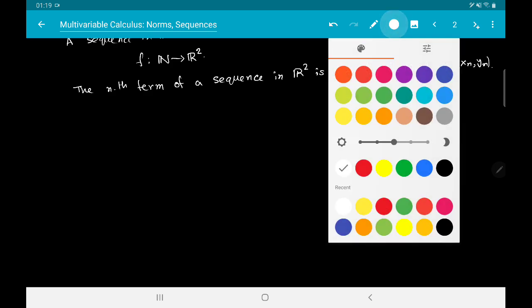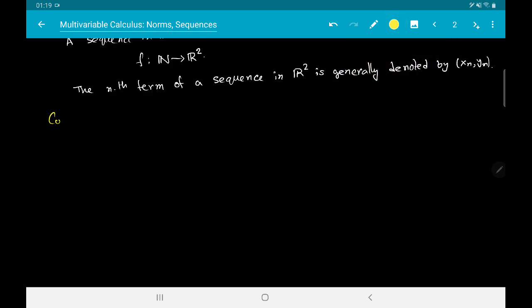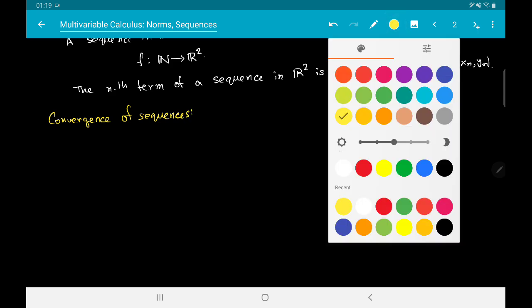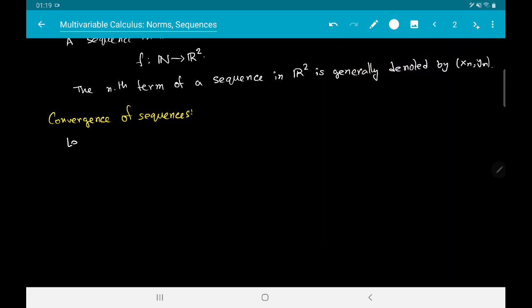Now when do we say that a sequence is convergent or not? Convergence of sequences. Let (xn, yn) be a sequence in R2.